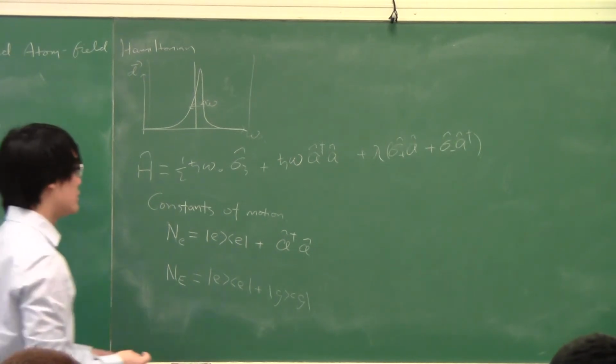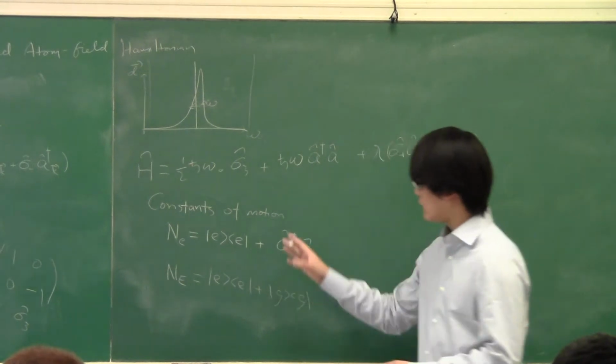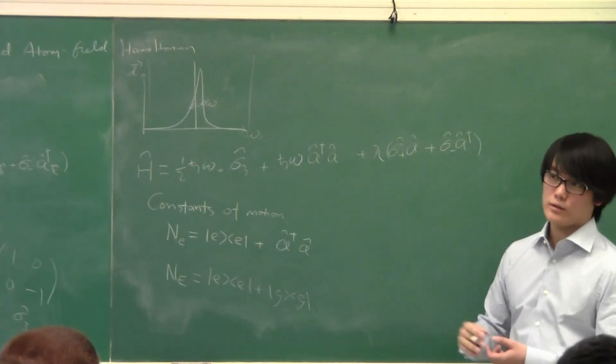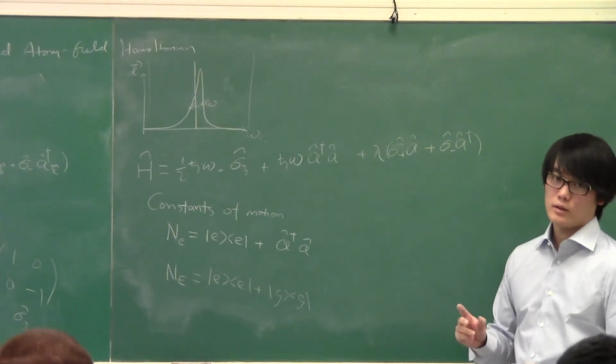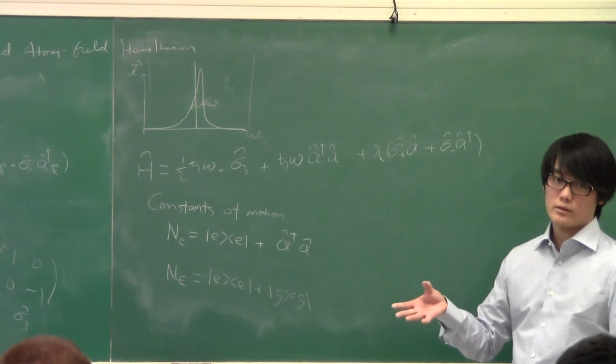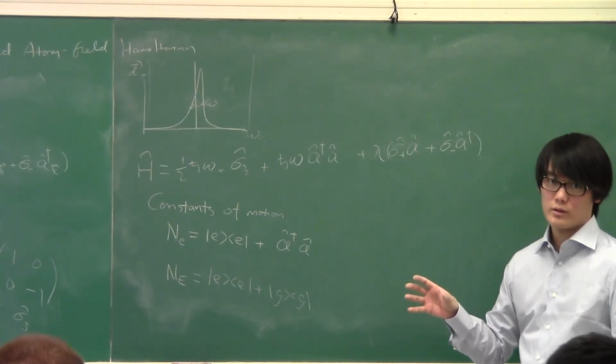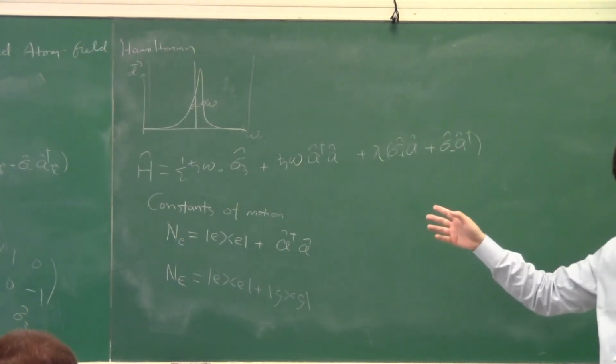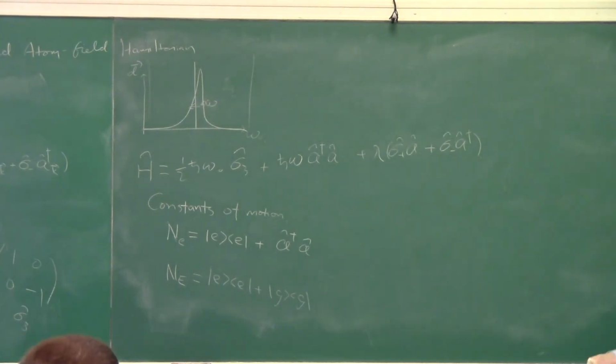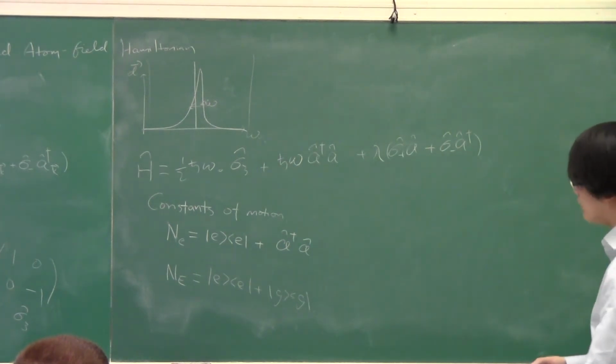Right. So these two constants of motion just give you an overall phase factor in the time evolution. So let me extract them out, and then we're going to be left with the important part that gives you the dynamical effects. Okay. So how can I extract these out?